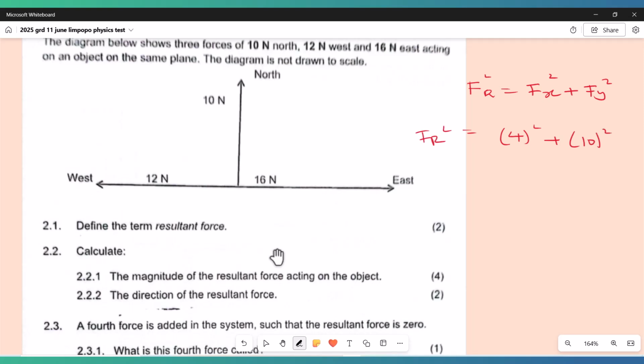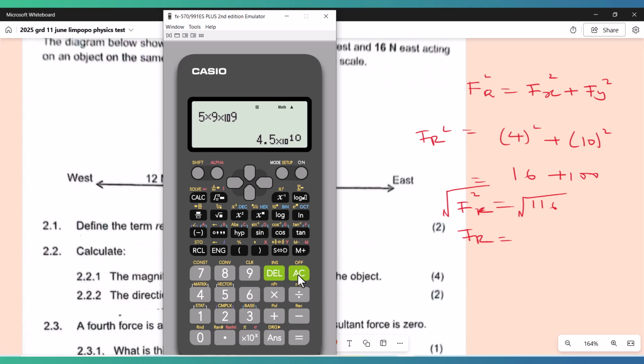Don't forget here. So it's going to be 16 here, then plus 100, which gives us 116 newtons. But because of the square, we are going to square root here. So our F resultant is equal to the root of 116. Let's check it here.